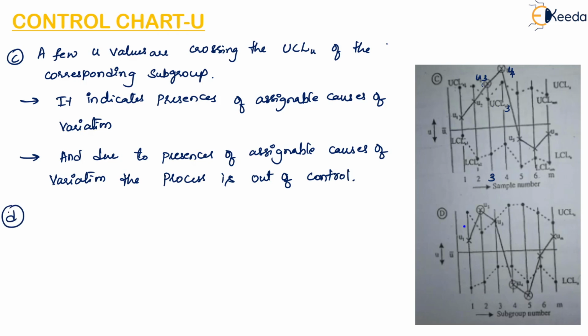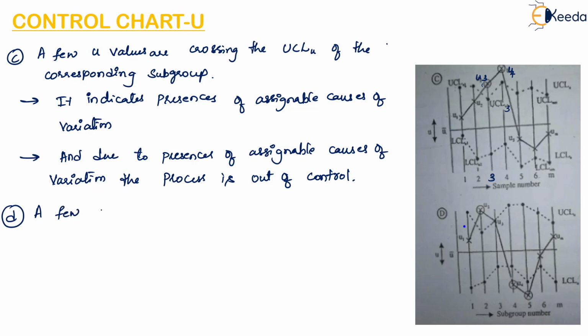The next figure D indicates that few values are crossing the upper control limit and lower control limit of the corresponding subgroup. So this is indicating that there is presence of assignable causes of variation, and due to this the process is not in control, and also there is a requirement for improvement in the process.